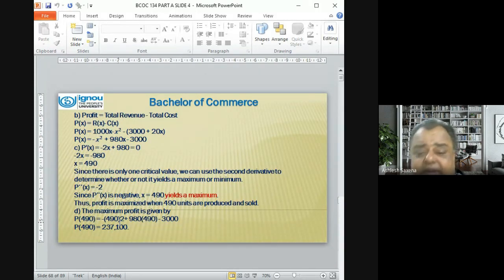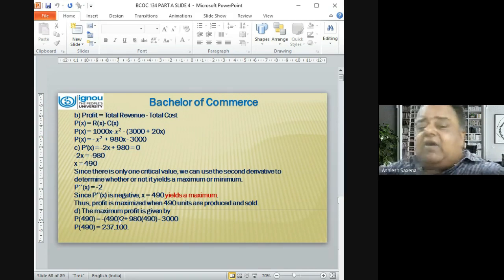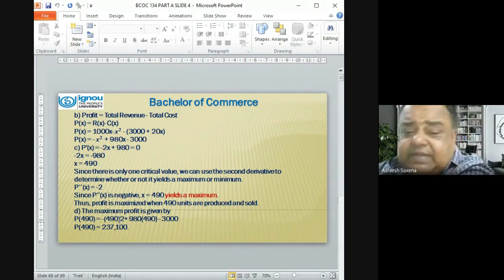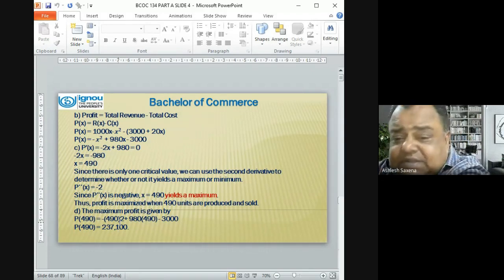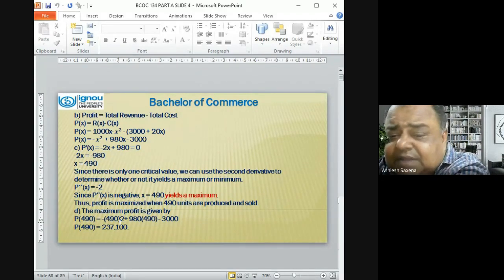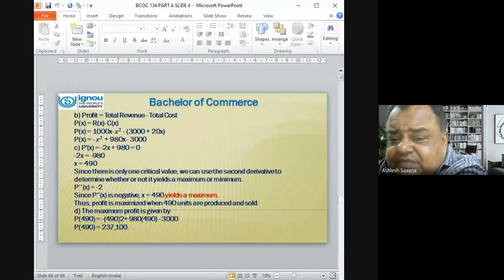You will be differentiating minus 2X plus 980. On differentiating the second time, P double dash X will be equal to minus 2, which is a negative value. That means at 490, it will yield a maximum.